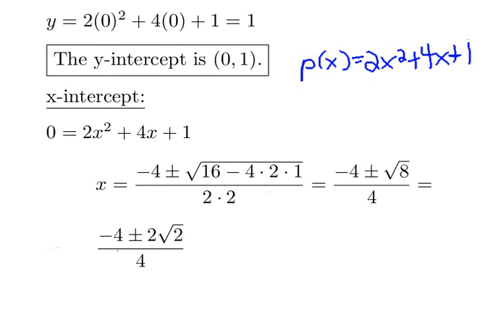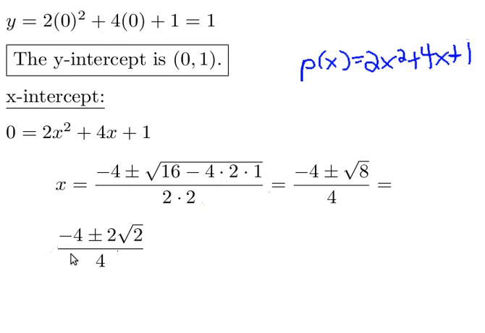So the x-coordinate for the x-intercept is going to be these two. Oh, this actually can be simplified a little bit further, because we can take a 2 out of each individual piece.